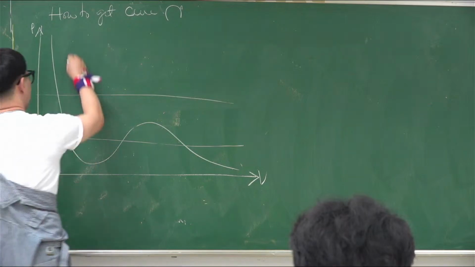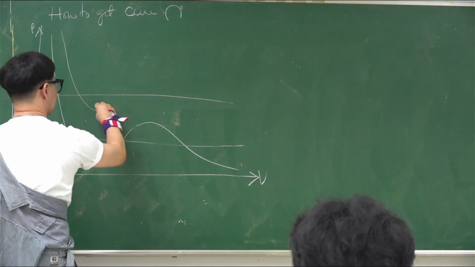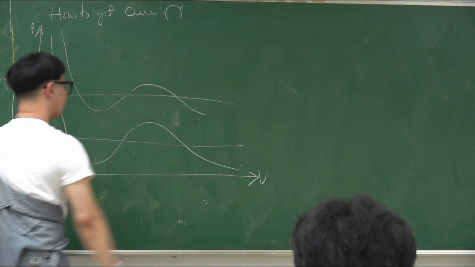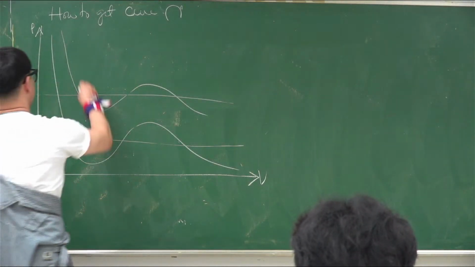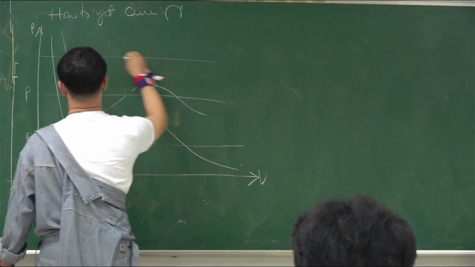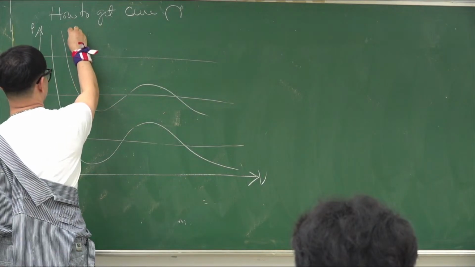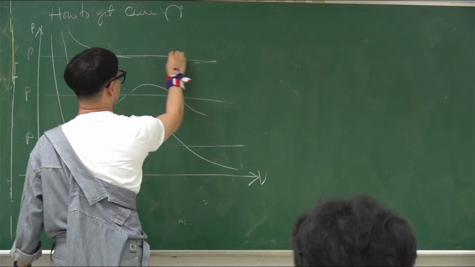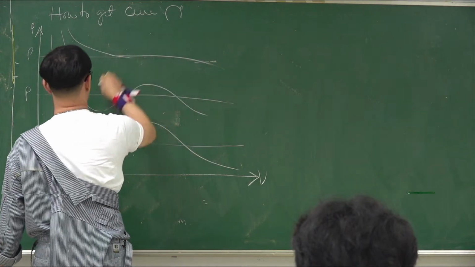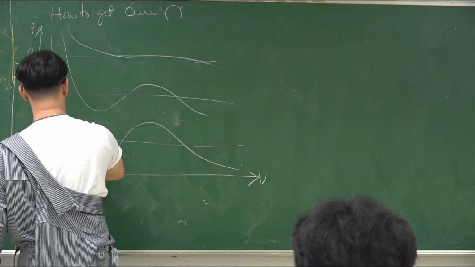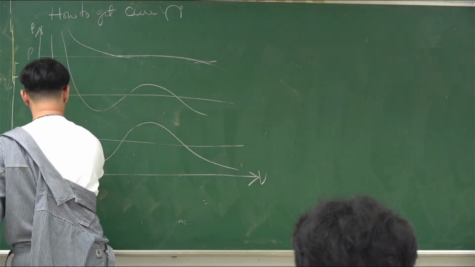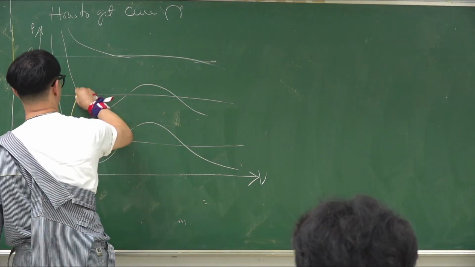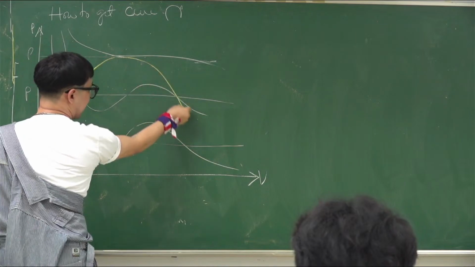Again, you're going to have a curve like this, and then you go up again. You're going to have a curve maybe like this. And then you find out actually your curve C goes up here and goes down there.